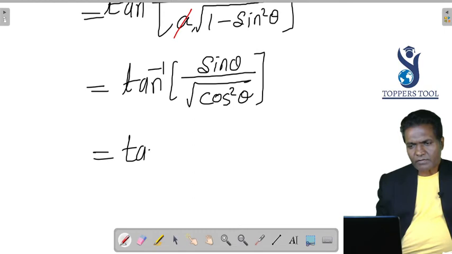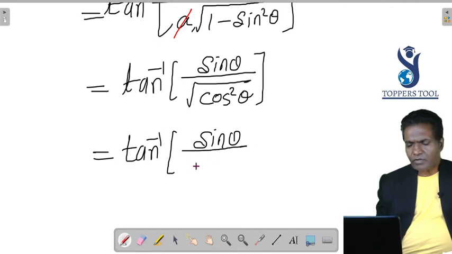This is tan inverse of sine theta by cos theta. Under root cos square means it is just cos theta.